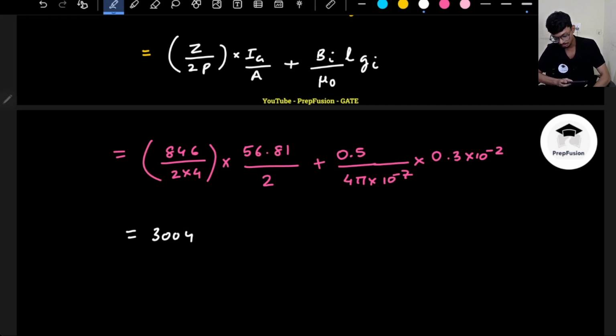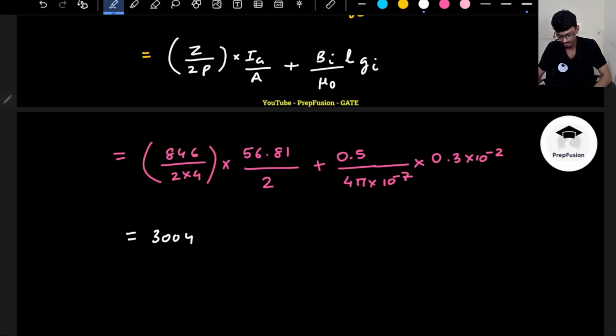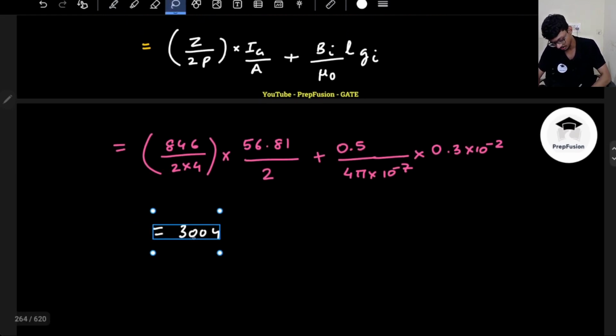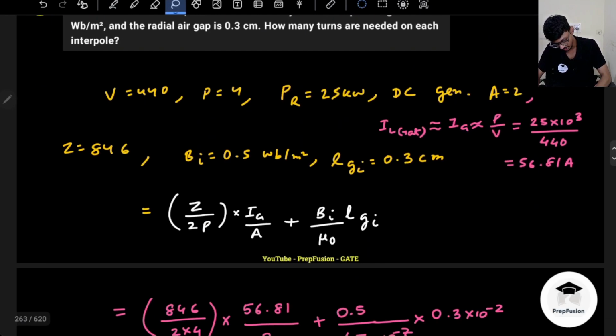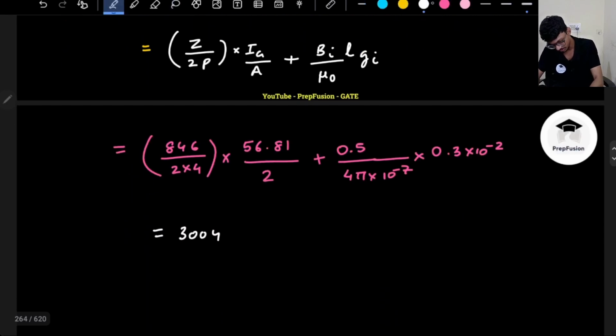this will be 3004. And remember, they are asking me the number of turns, so the interpole mmf will be N interpole into the armature current Ia, right? So Ia anyways will be cancelled out later on.